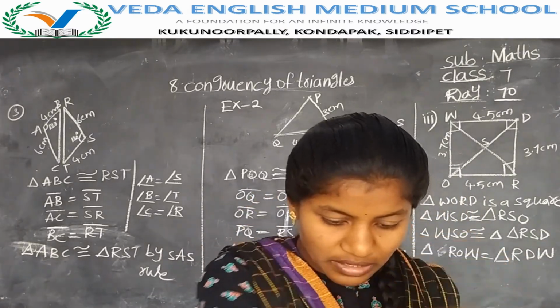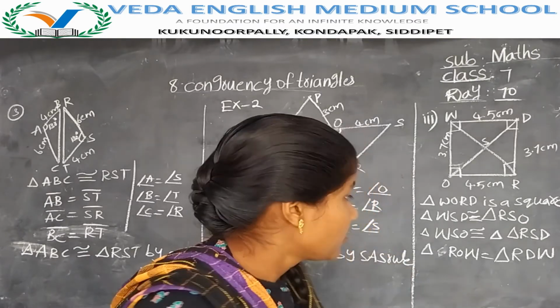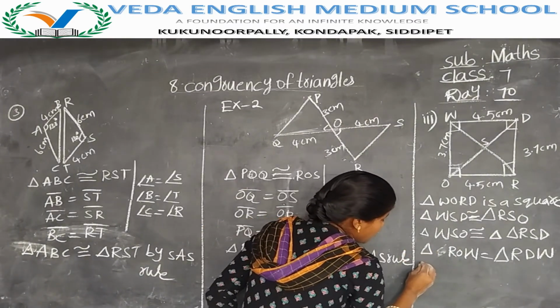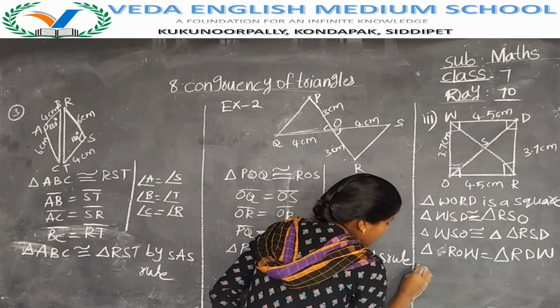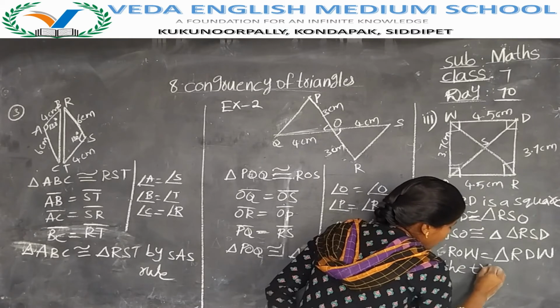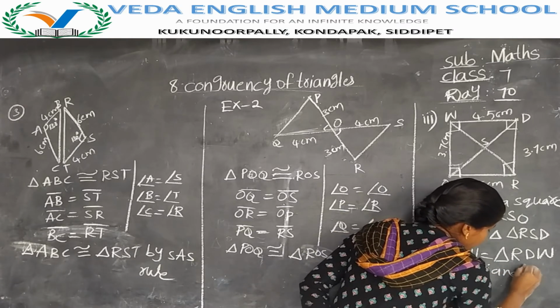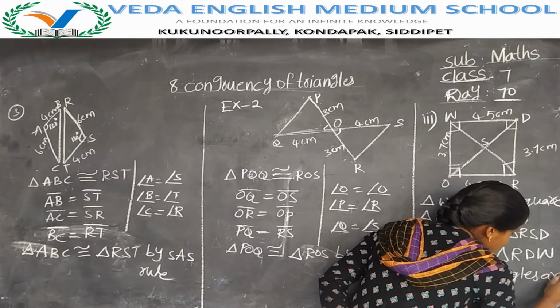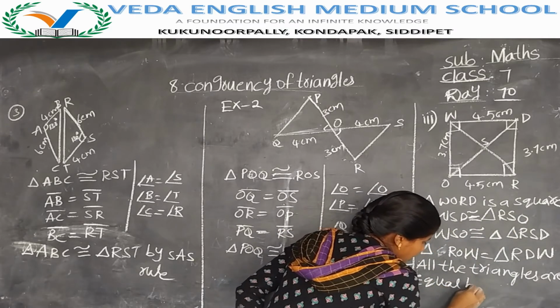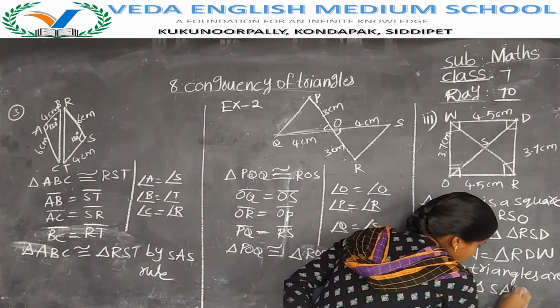Simply you have to say that. Now these are equal. All the triangles are equal by SAS rule.